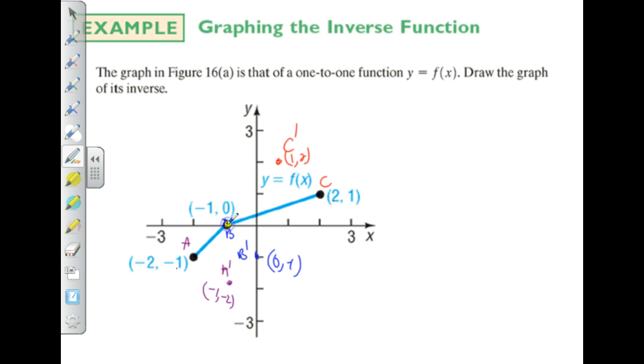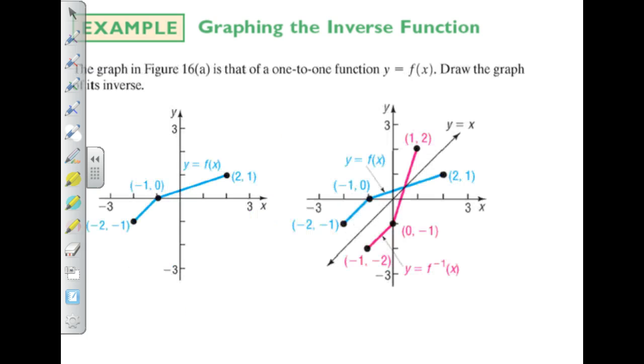So A is going to B, so I'm going to connect A to B, and then B is going to C, so I'll connect B to C, and sure enough, I have the happy face function is my inverse function, and I could see the line of symmetry. It's working pretty good. I've got this y equals x thing going on. If I were to flip that over, the smiley face would fall into the blue, or the blue would fall into the smiley face. So I'm fairly convinced I actually do have the inverse function.